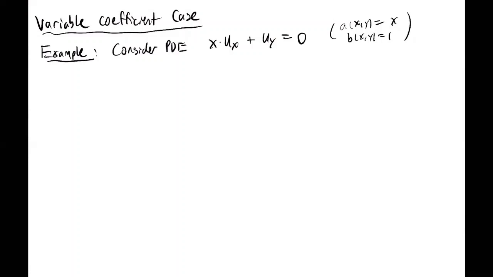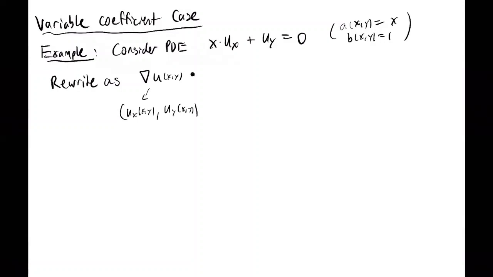And so what was the first thing we did last time? We rewrote this as some kind of directional derivative. So let's try to do that. Right, so I can rewrite it as, well, I have the gradient of u still, right, which is the vector u_x of x, y, u_y of x, y, right?